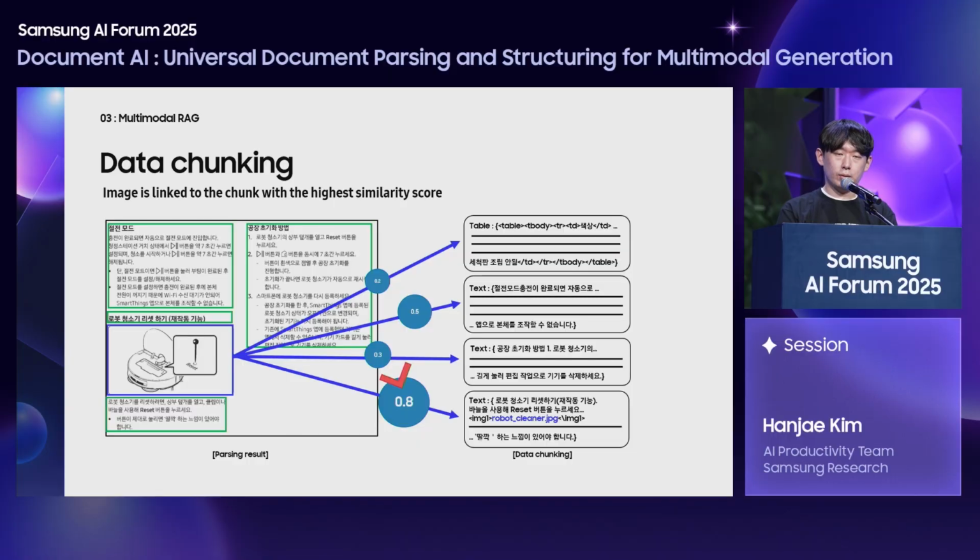By combining multiple similarity measurement methods, the accuracy of similarity estimation can be improved. This allows us to quantify the similarity and determine which text chunks a given image modifies or describes.